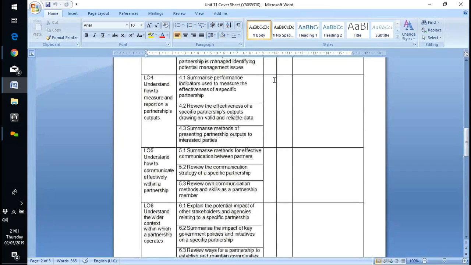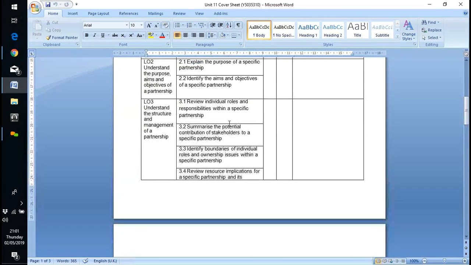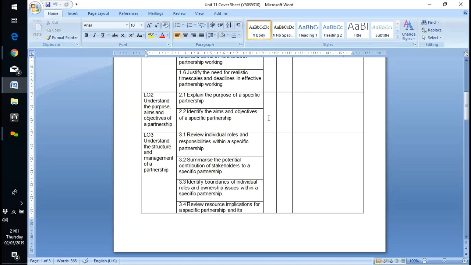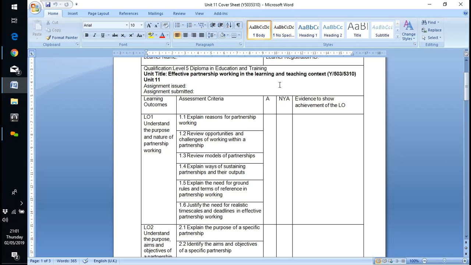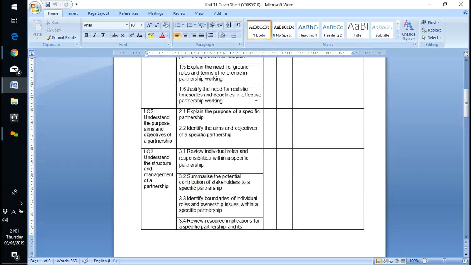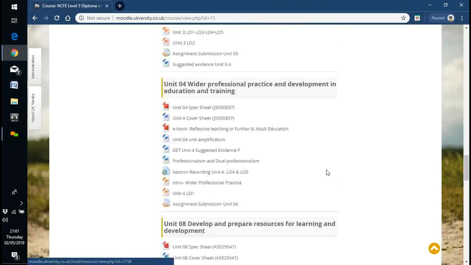Yeah. But again, there are less in each one. There are less assessment criteria. And this one is actually about partnership working. So after you've done LO1, everything from there is about a specific partnership that you choose. Okay. And I'll explain all that when we get to it. But it's a pretty straightforward unit. That's what I mean. It's not a complex unit, if you like. Yeah, but that's good. I like it when it's straightforward.